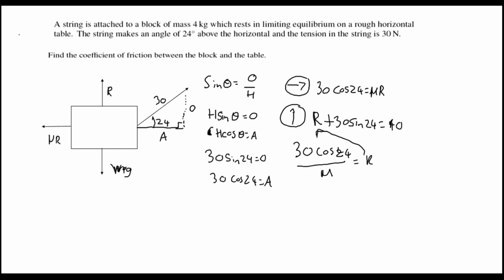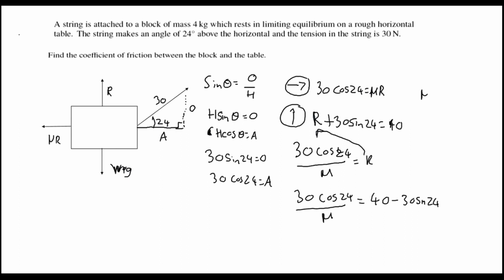Then we get 30 cosine 24 over mu. At this stage I'll move the 30 sine 24 over to the other side, so that's going to equal 40 minus 30 sine 24. Then a simple rearrangement: we'll multiply by mu and then divide by 40 minus 30 sine 24. We're going to get the following answer for mu.